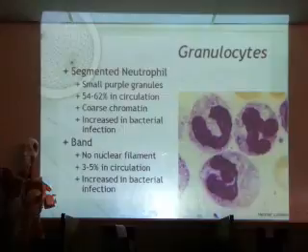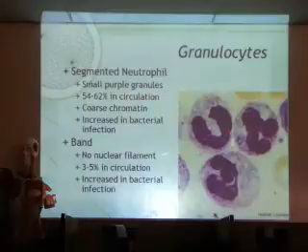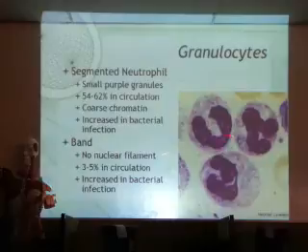A filament would be very, very thin and thread-like. So this is not quite 100% mature yet, and these cells are not mature at all, so you don't see any filament at all, right? These cells are called band forms, and something like this is called a segmented form. So we differentiate segmented neutrophils from band neutrophils.